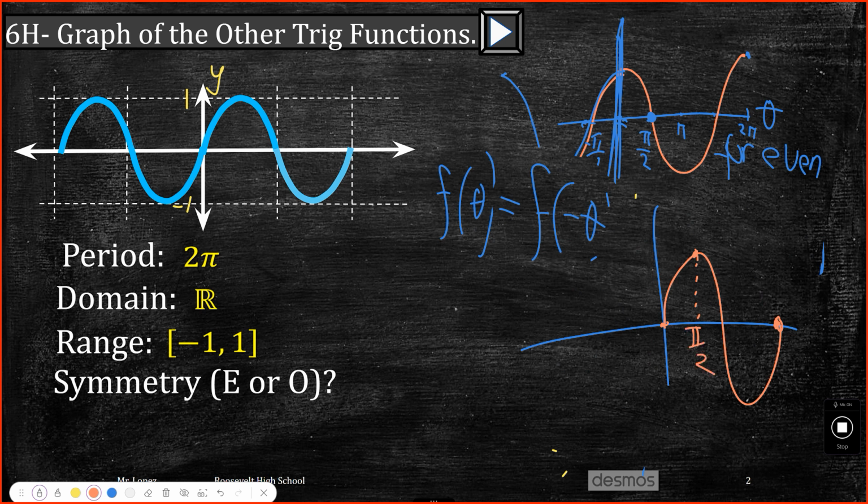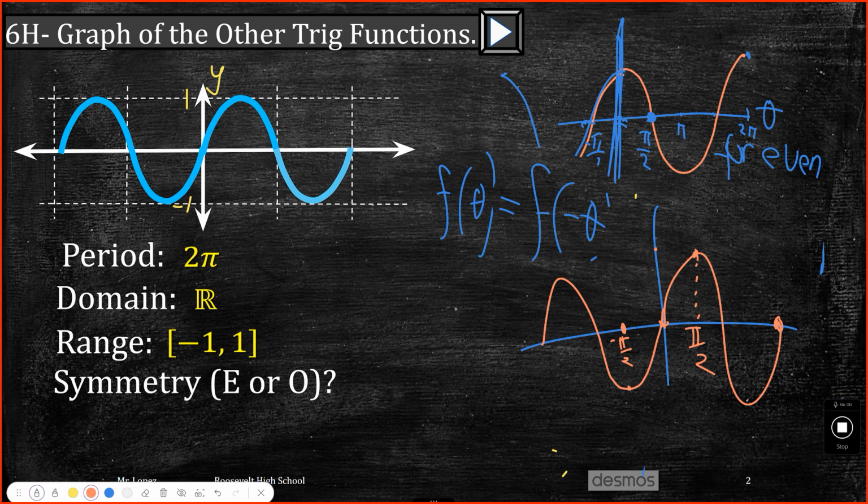So now let's go, and here's the other one. Here pi by 2, and what is this? Negative pi by 2. We want them to be the same. But because pi by 2 is positive 1 here, negative pi by 2 is negative.